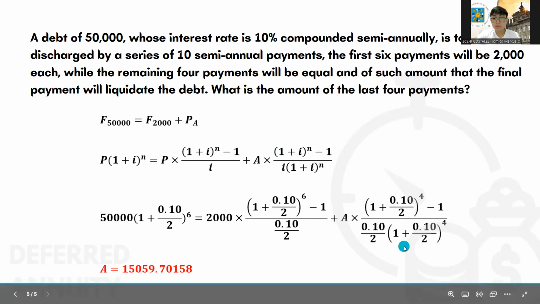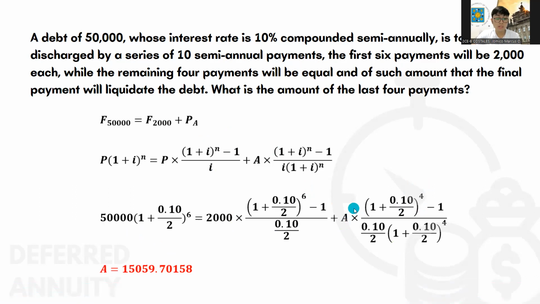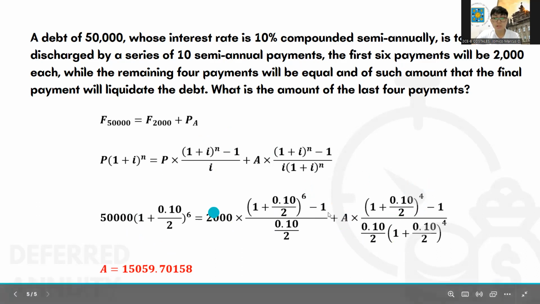And given the following equation, we can see that A is the only variable without a numerical value. And by simply transposing all of the values onto one side and equating it to A, we can find that A is equal to 15,059.70158.